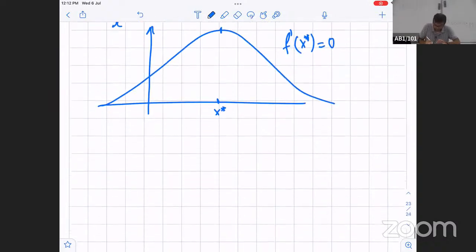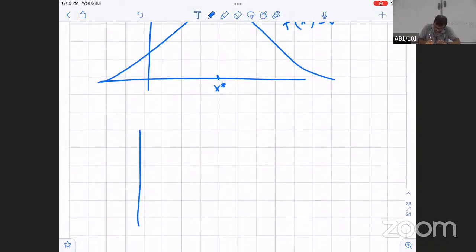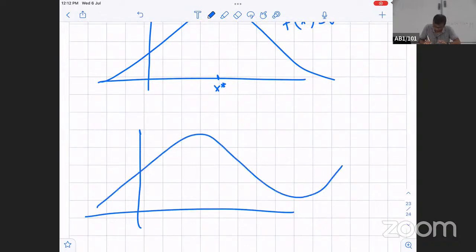But unfortunately, sometimes you can have something like this. There is one point x1 star and another point x2 star. Both these points have f dash of x equal to 0. So just taking the first derivative sometimes is not enough, but let's ignore this problem. When you take the derivative and set it to 0, you may get a minima as well.